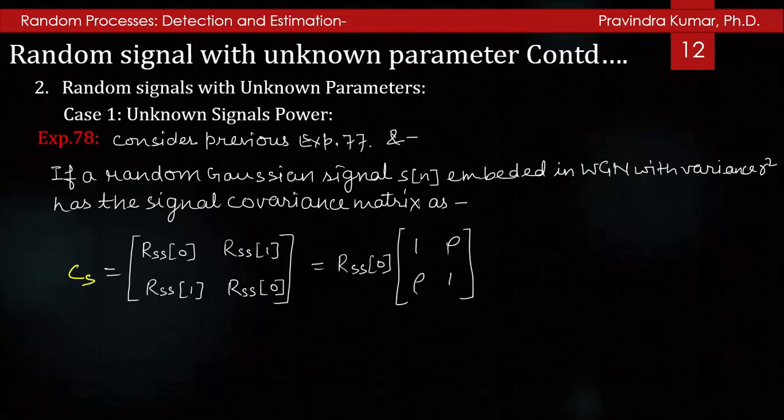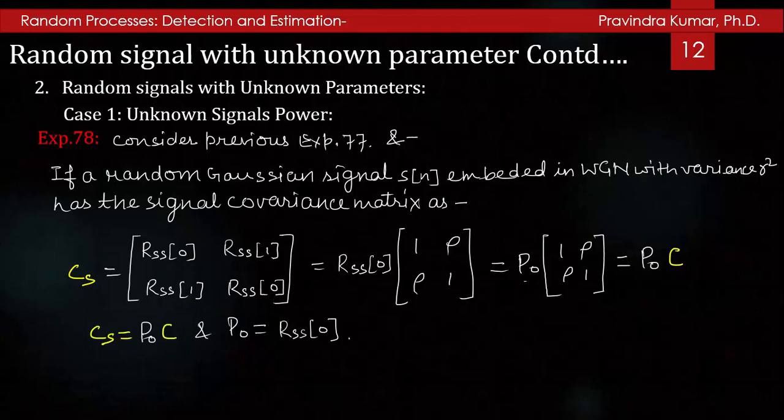It will be RSS0 times 1 rho, rho 1, or P0 times 1 rho, rho 1, and I can write it as P0 times C, where Cs is equal to P0 C. From this you can say that Ps is equal to P0 C, and P0 here is RSS0, where P0 is unknown and C is known here.